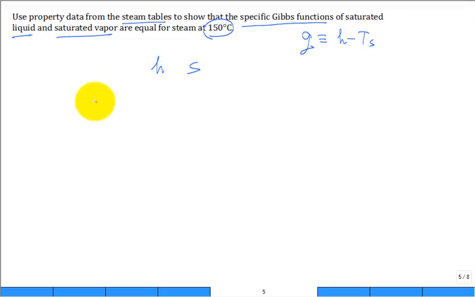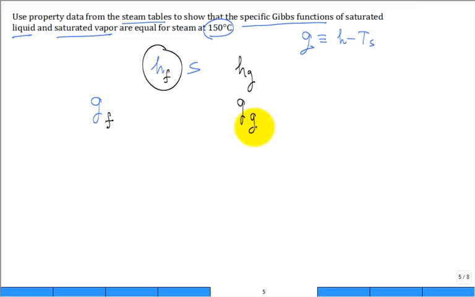You say, I'm going to try this. I'm going to calculate g, and this is where the subscripts and everything else gets a little tricky, because if we said h of f, what would you say? That's the enthalpy of saturated liquid. If we said h of g, what would you say? Oh, that's the enthalpy of saturated vapor. True. So why don't we say we have a new g, which is Gibbs function, and I want g at f and compare it with g at g.